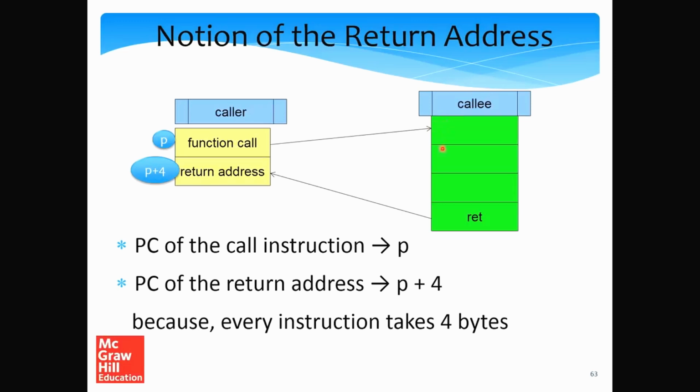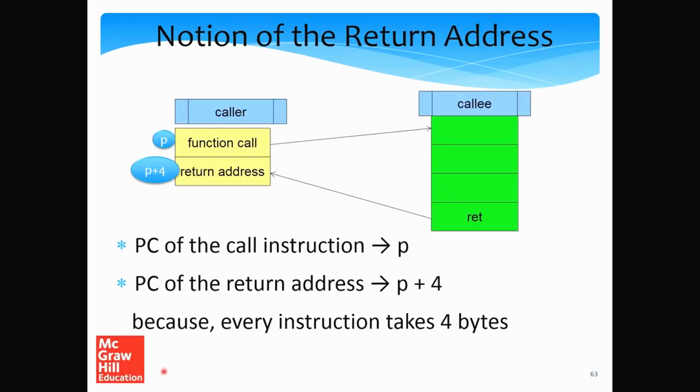We execute all of its instructions. Then we have the ret instruction, which is the return instruction, where we come back to the instruction which is just after the function call. In simple RISC, since we assume that each instruction is 4 bytes, we start at address P and we return back to address P plus 4. This is the PC, the program counter, of the return address.